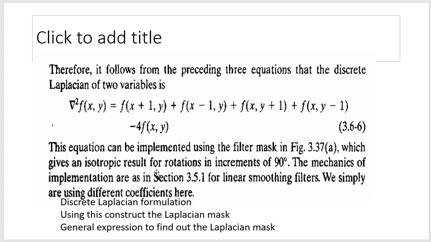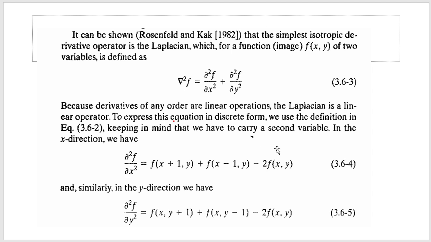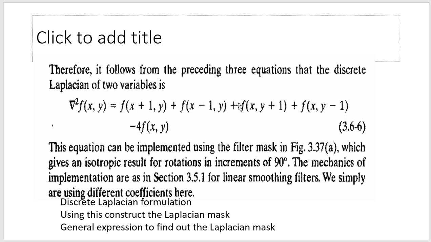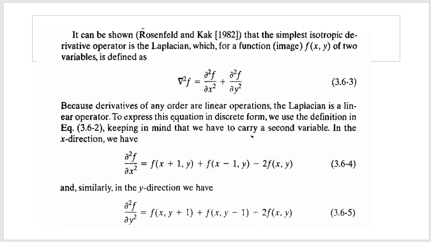When we perform addition of these two terms, that is addition of the ∂²f/∂x² equation along with the ∂²f/∂y² equation, we'll get the following equation, that is f(x+1,y) plus f(x-1,y) plus f(x,y+1) plus f(x,y-1) minus 4 f(x,y).